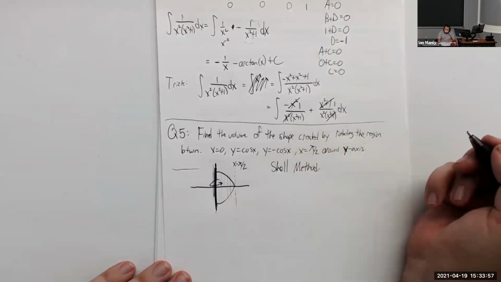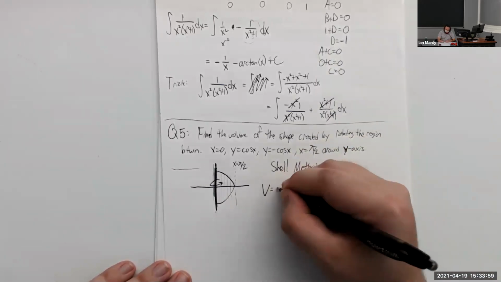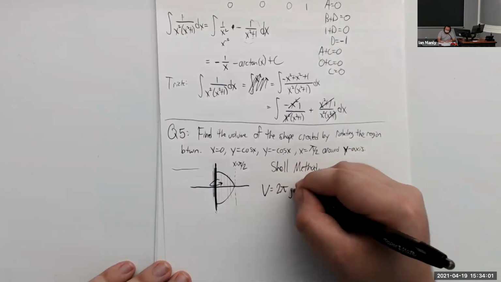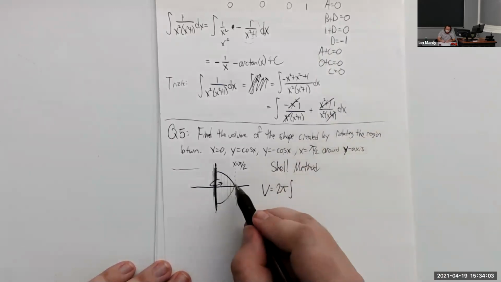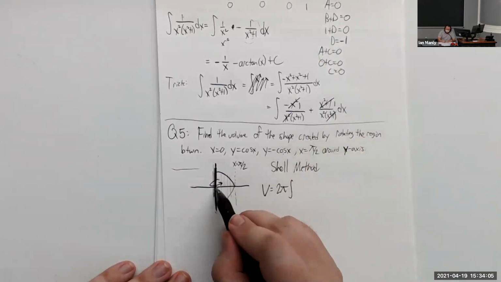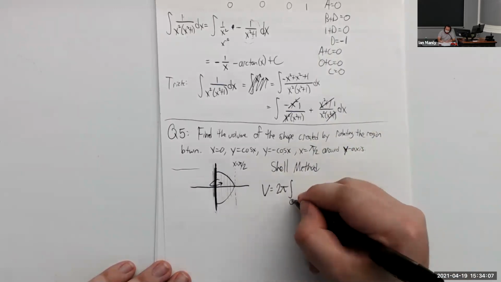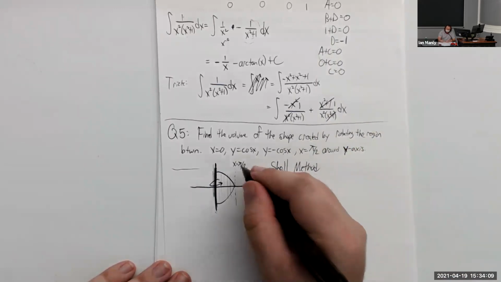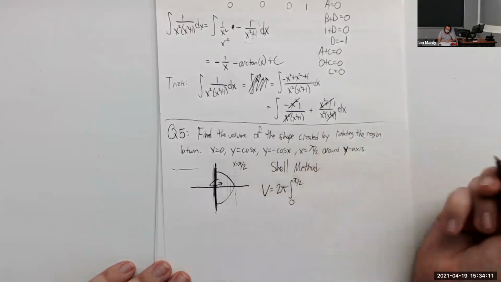The volume is going to be 2 pi times the integral from a to b. A is our lowest x value, which is 0. B is our highest x value, which is pi over 2.